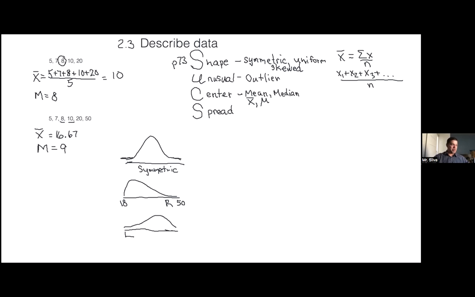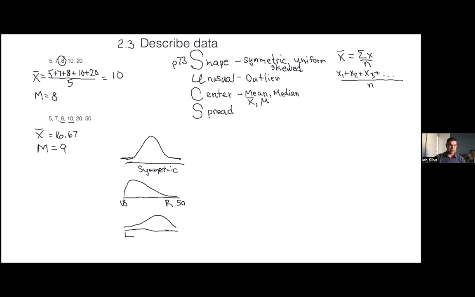That's shape of distributions. I kind of skipped a couple things there because they talk in our textbook about finding a distribution that has an outlier, finding a distribution that has two modes. That's called bimodal. But there's two other calculations that we can do.